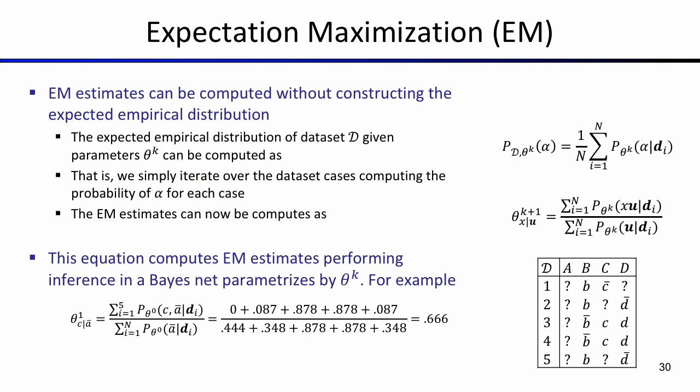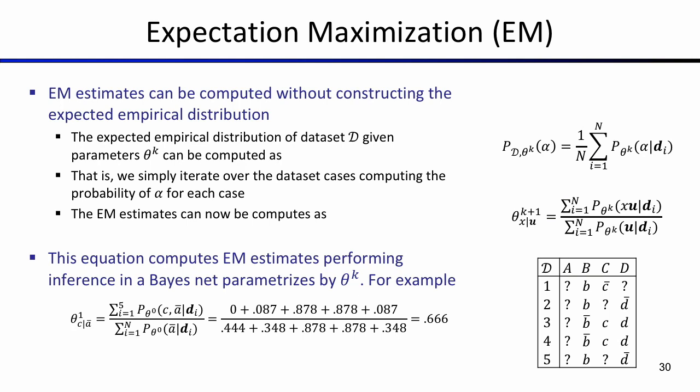Okay, so as I said before, when we compute the parameters for the next iteration, we do not build this expected empirical distribution, because that expected empirical distribution is going to be exponential over the number of variables. So what we do is go directly from one parameter set to another by doing inference over the Bayesian network.